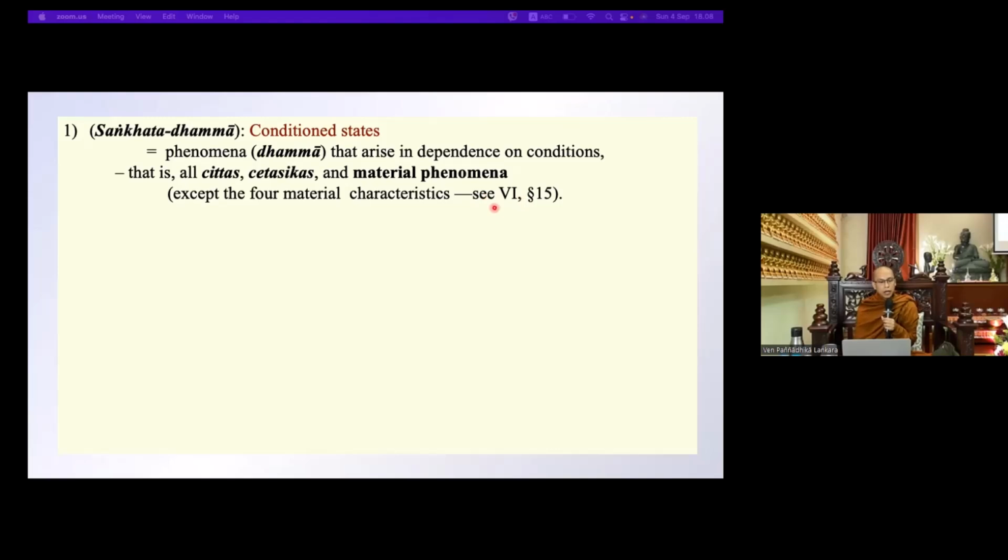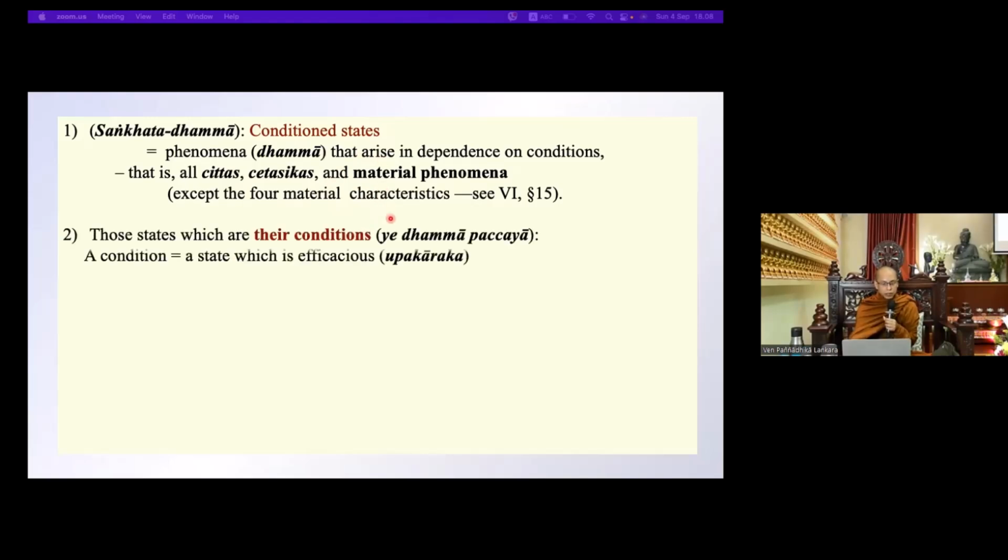They arise not dependent on other specific conditions, because they are only the characteristics of materialities, not specific other materialities. That's why these four materialities are an exception. Other citta, cetasika, and other material phenomena are considered conditional states. In other words, we call them Paccayuppanna Dhamma.